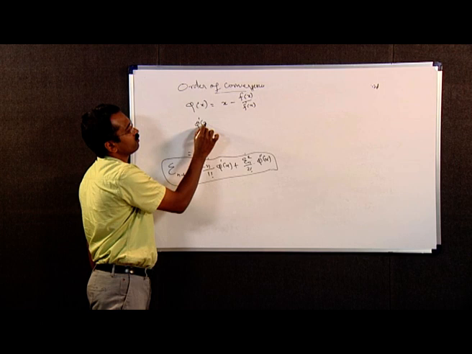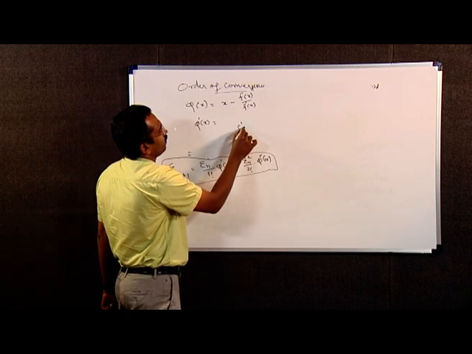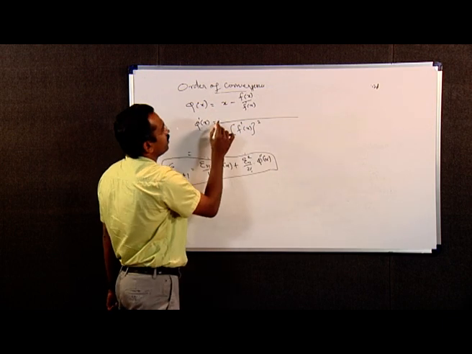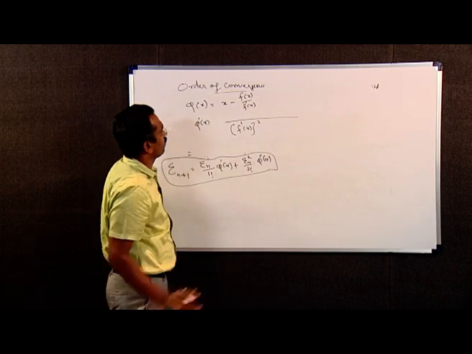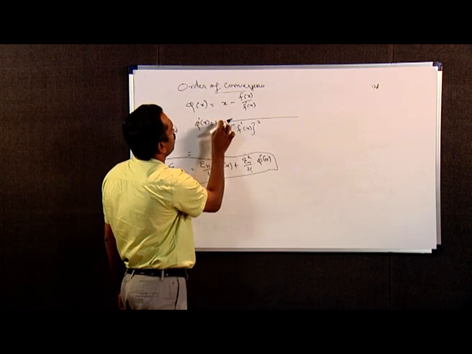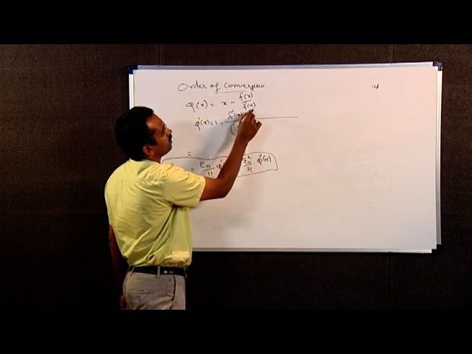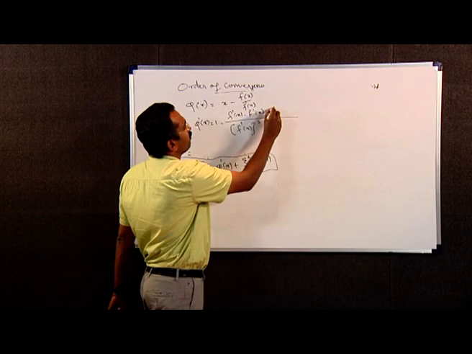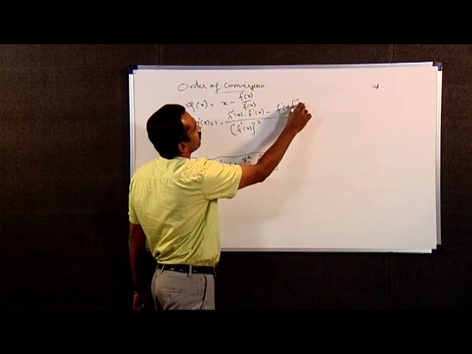Now, phi dash of x is equal to 1 minus, f dash of x into f dash of x minus f of x into f double dash of x, divided by f dash x square.